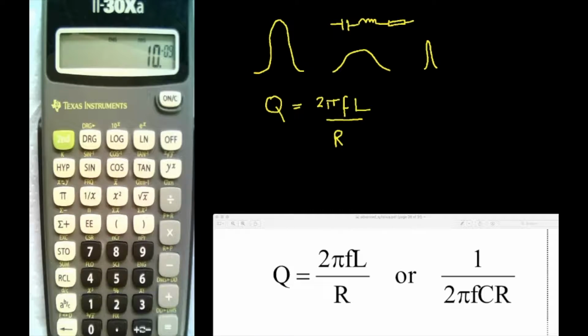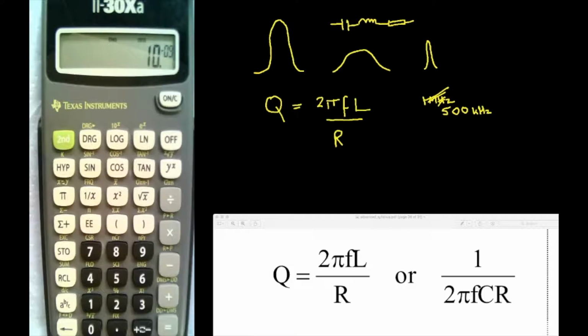Now what we can do here is put some values on it. Let's say the frequency is 500 kilohertz. That's more, it's closer to an IF frequency of a receiver, maybe.